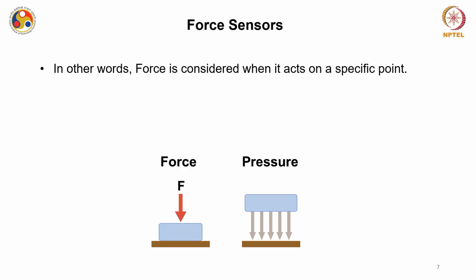So, in other words, force is considered when it acts on a specific point. So, when you talk about applying some external stimuli on a solid body, it is mostly defined by force.